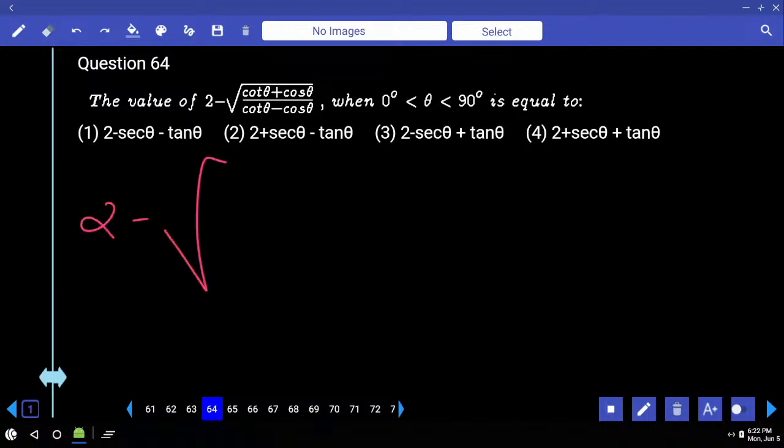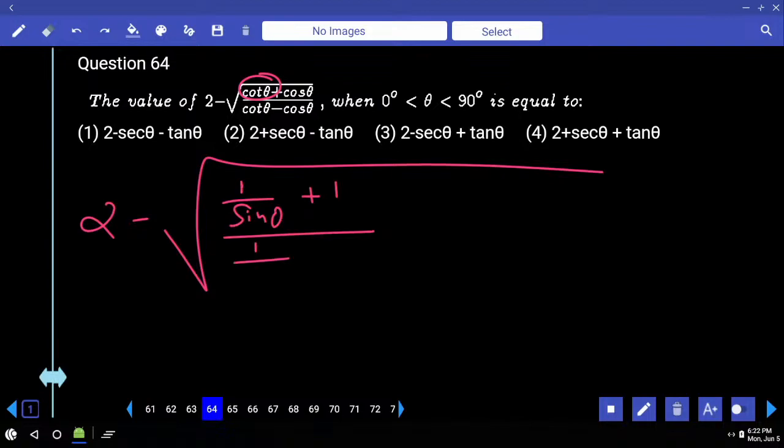Actually cot theta can be written as cos by sin, plus cos. Common cos in the numerator, and below also common cos, cancelled. What remains is 1 by sin plus 1 by 1 by sin minus 1.